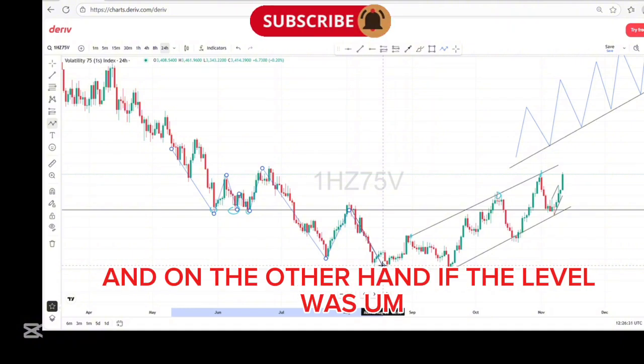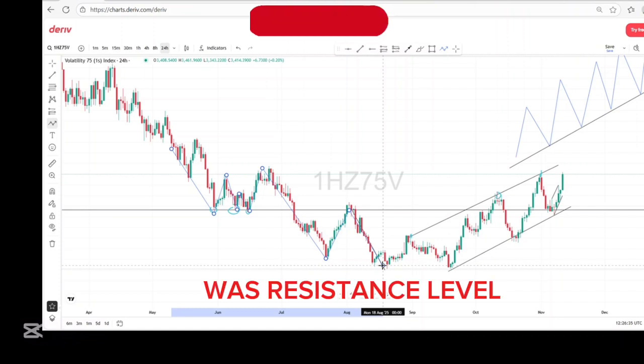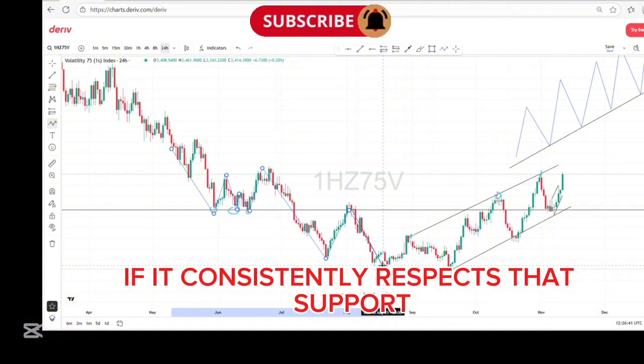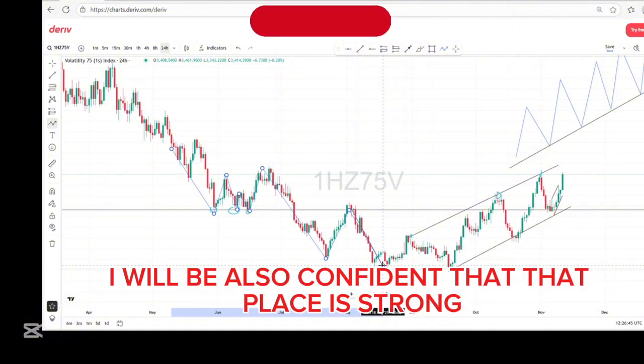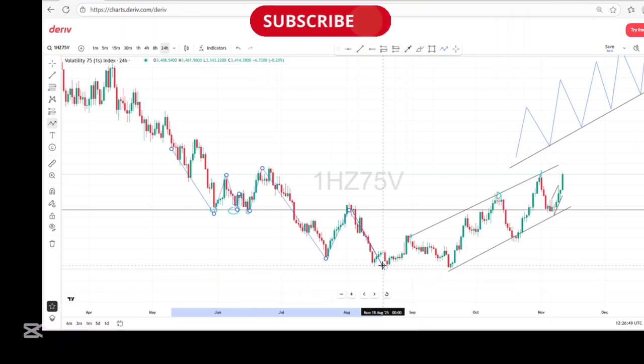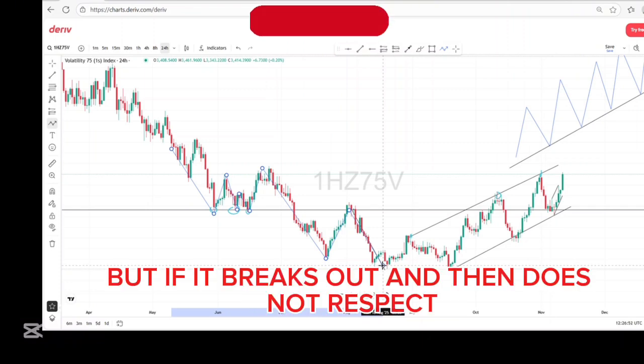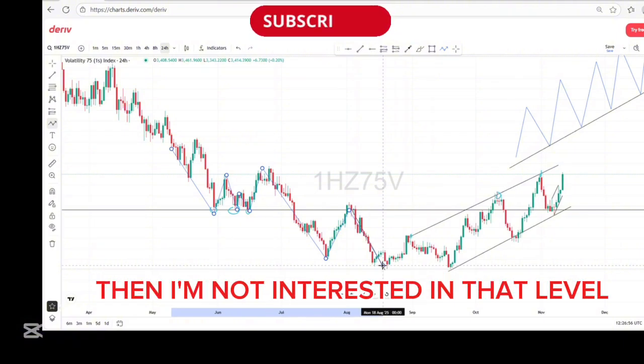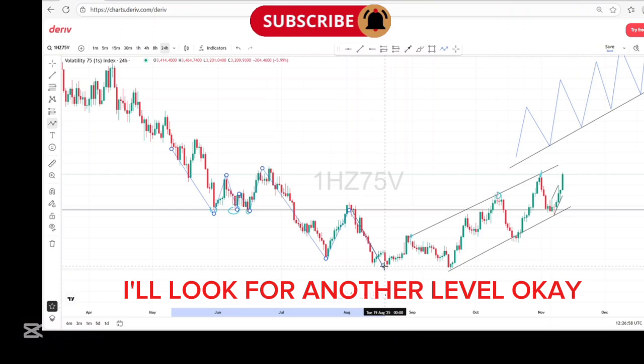On the other hand, if the level was resistance and then eventually breaks and turns into support, if it consistently respects that new support, I will also be confident that that place is strong. But if it breaks out and then does not respect it, maybe continues to invalidate that level, then I'm not interested in that level. I'll look for another level.